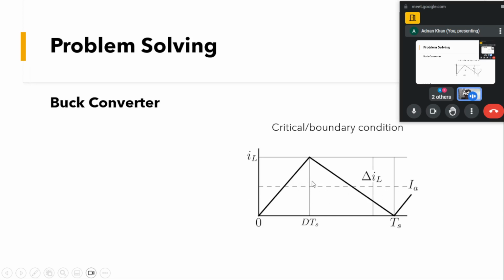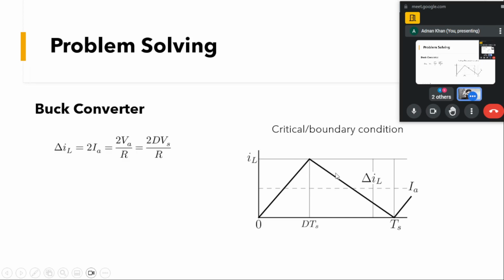If this is the mean, then the ripple will be twice the average current, so the peak point will be twice of that. So for the boundary condition, delta I will be equal to twice the average current. We know that I out is equal to V out by R.